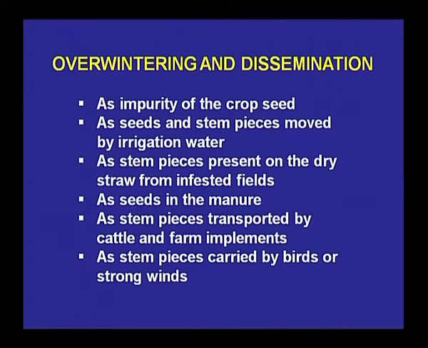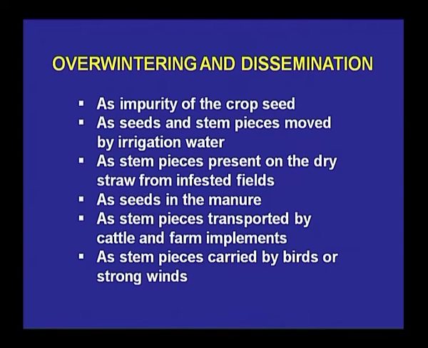As seeds and stem pieces moved by irrigation water channels, when the water channels are flowing in the field, the seeds of the parasites also flow along with the channel, and they grow with the crop plants. As stem pieces present on the dry straw from infested fields, as seeds in the manure.